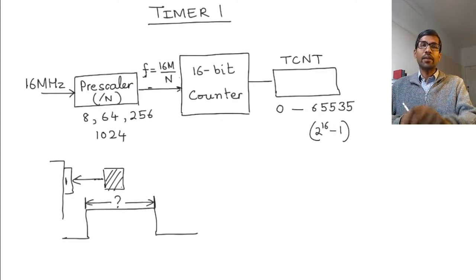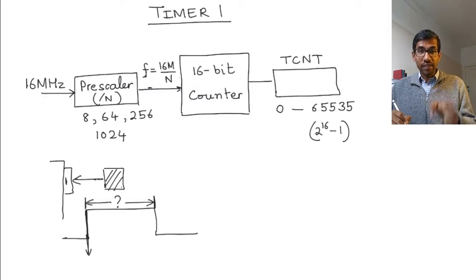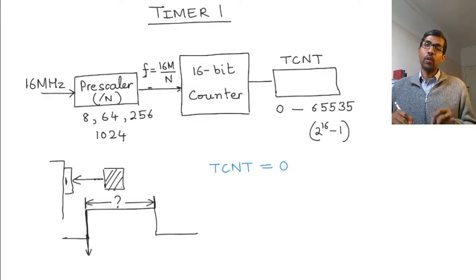So how can I do that? One way to do that would be, as soon as we reach a high here, as soon as we reach this particular point, I can reset timer 1. That means I can set my T count equal to 0, and then I let the timer go.